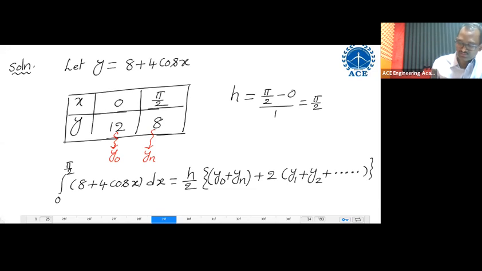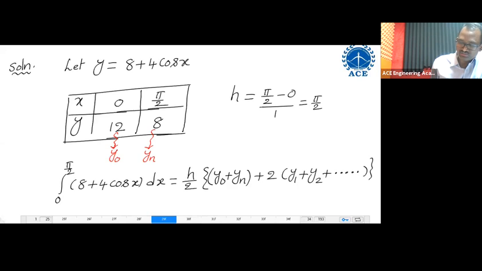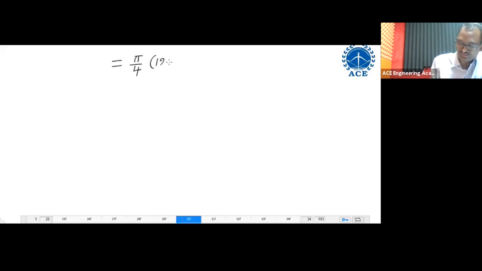Y naught plus yn is 12 plus 8. Simplify this and tell me. The value of pi in radians is 3.14. Simplify this and let me know the value.